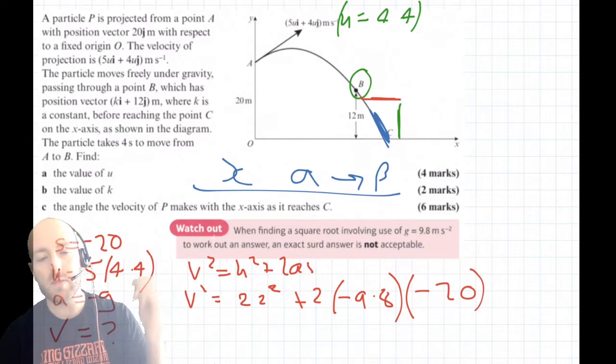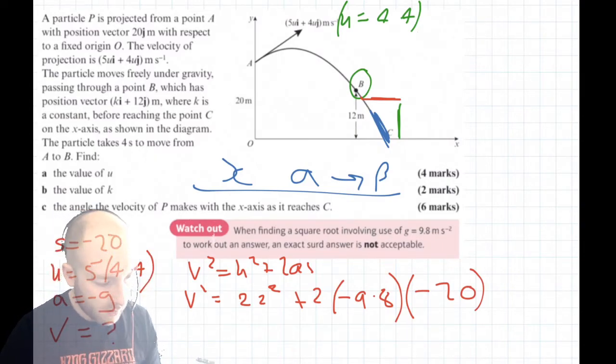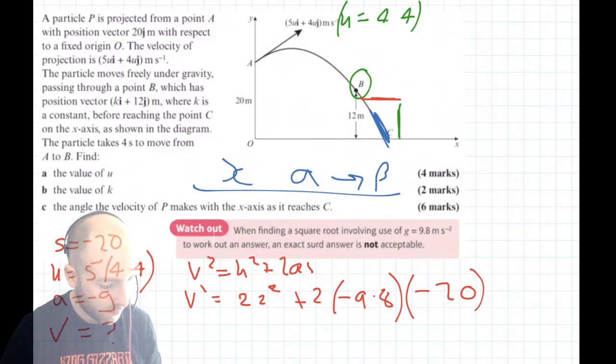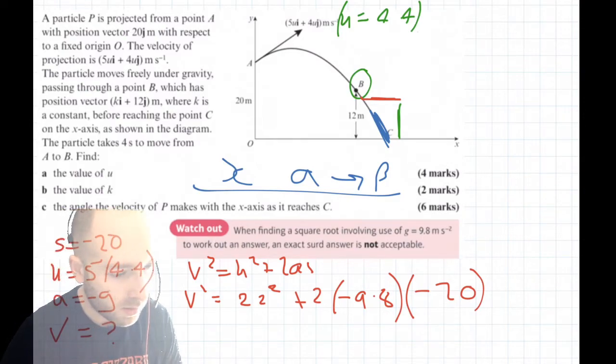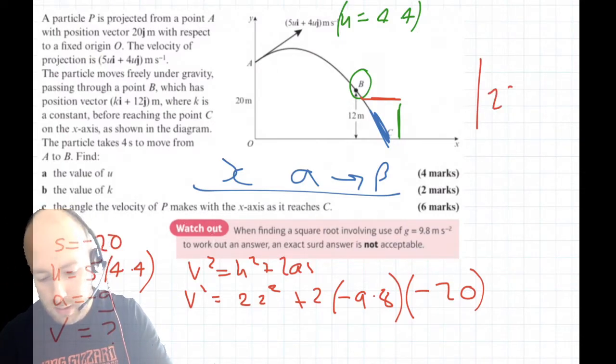We're being displaced vertically by minus 20. So stick all that in the calculator. 22 squared plus 2 times 9.8 times 20, because the minuses will cancel. Square root your answer, and that's our vertical velocity. So we got 29.6.